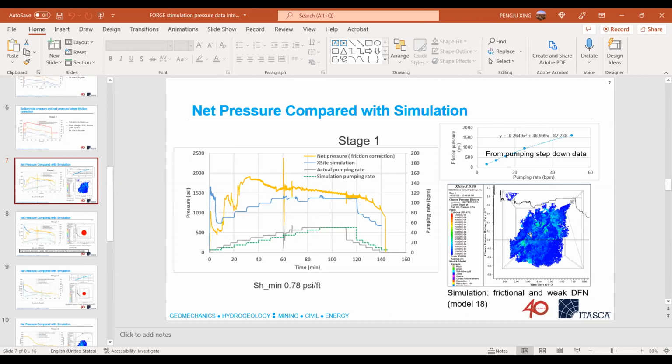They could have some effect, but because of this relatively high volume and high pumping rate, this could merge together finally. So, yeah, we did not do this multi-entry in this case.